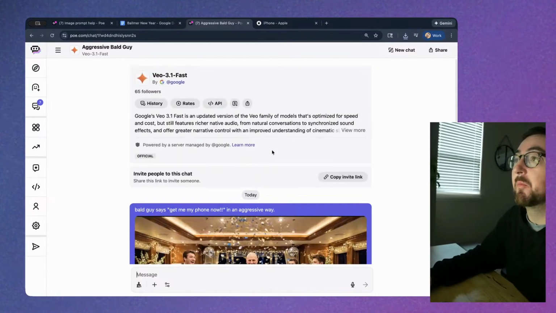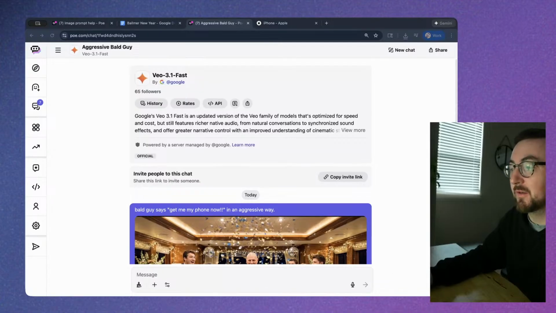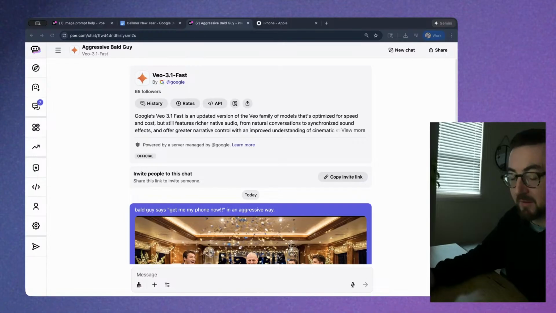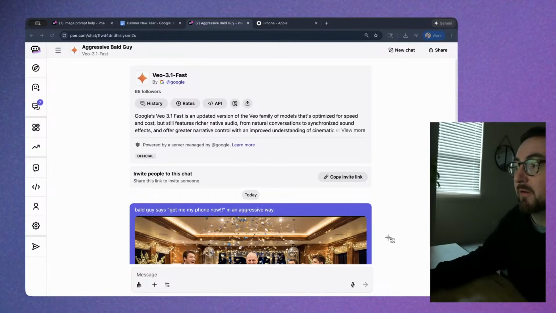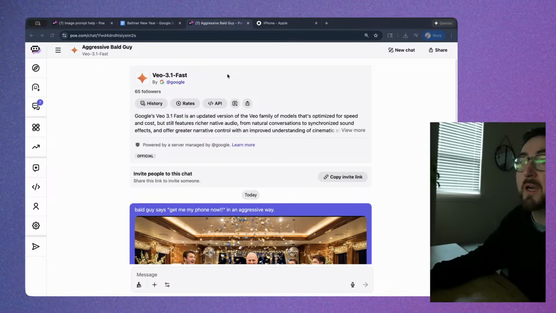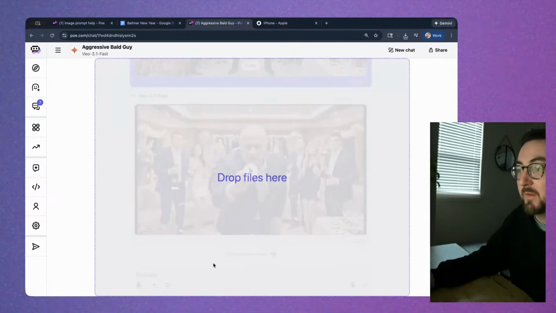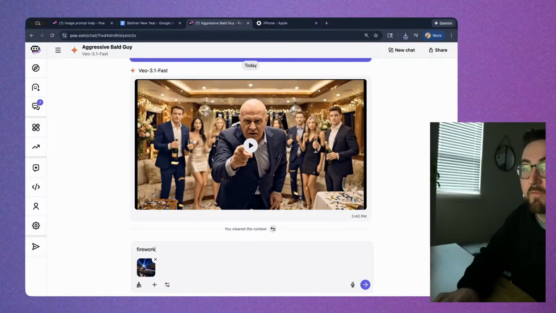So I'm going to go to the yacht photo again in DaVinci and get this image, and I'm going to add in fireworks going off in the background.